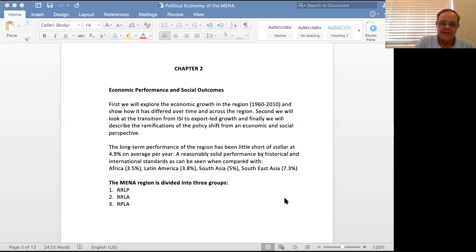In other words, they felt that these countries served as a market for their products. And as a result, they did not spend too much time trying to industrialize these countries because it was not in their interest to do so, simply because they wanted these countries to continue importing manufactured goods from them.